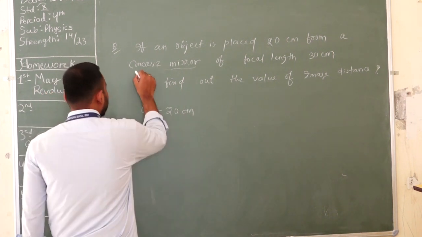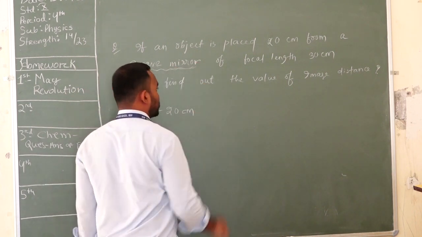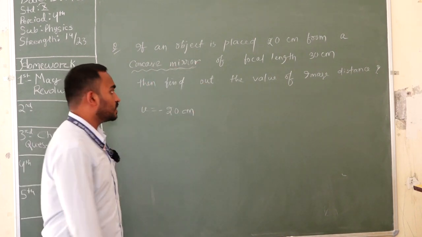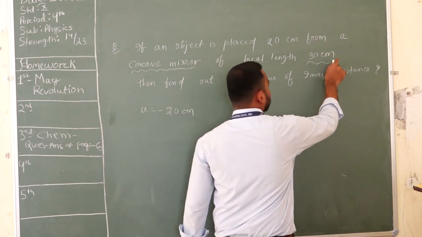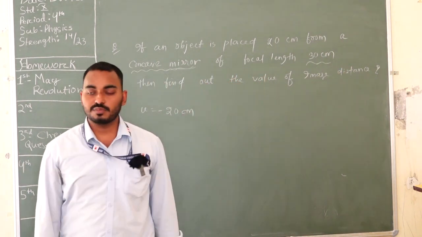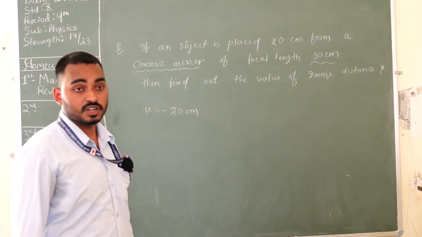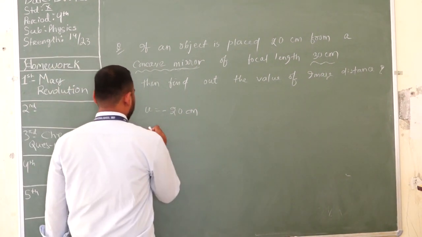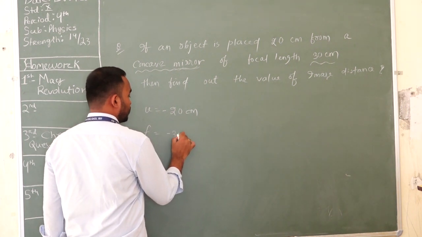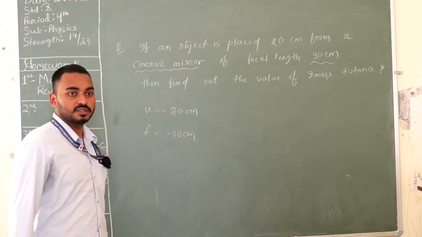Now see, here it is given as a concave mirror of focal length 30 centimeter. For a concave mirror the focal length is positive or negative? Negative. F is equals to minus 30 centimeter.